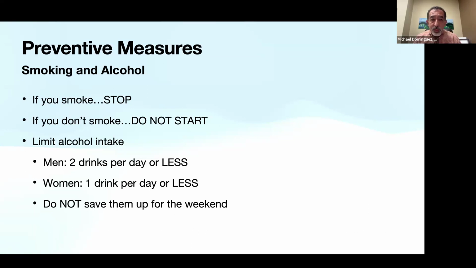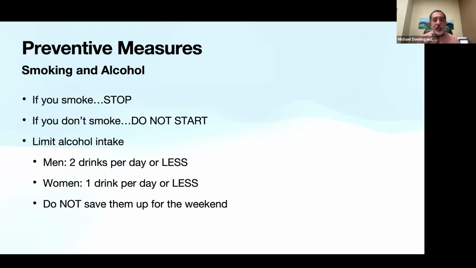Nicotine gum can be a help as well as a patch to help quit smoking. And again, if you don't smoke now, please don't start. The risk of developing heart disease increases dramatically when you smoke.